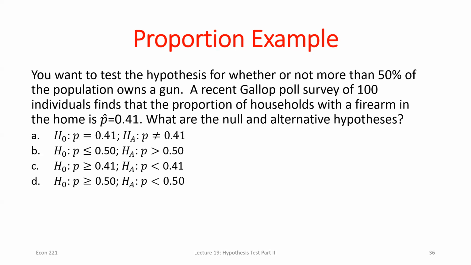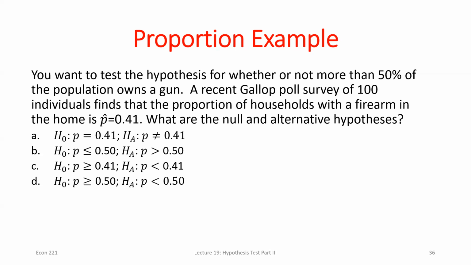Now, I think what you're thinking is, well, my null hypothesis, what I'm actually testing against and trying to reject, will be the exact opposite of that, which is that it's less than or equal to 50%. But it's always what you're given in the problem, that's what you're testing for. You have to start out with your alternative, and then the opposite of that is your null.